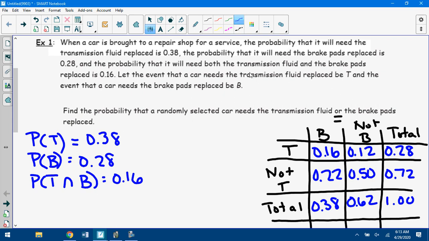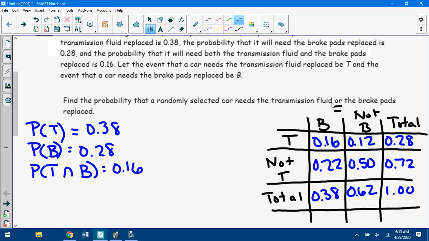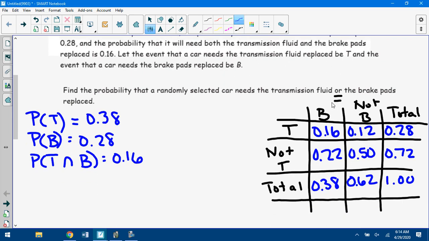Find the probability we need transmission fluid or brake pads. So we want the probability of T or B. Again, union means or.